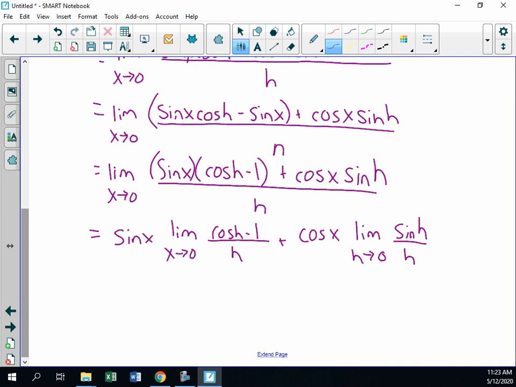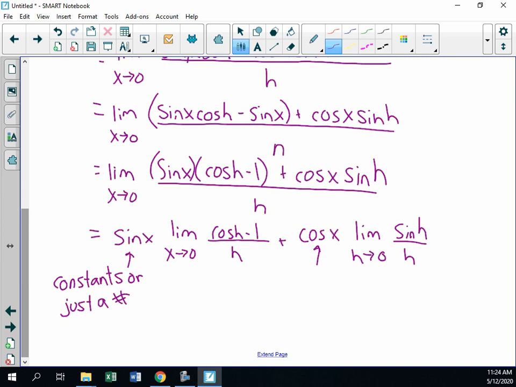Because remember, sine x and cos x are constants. These are just numbers. They don't have an h value. So those are numbers, so we can pull them out. They're constants. Or just a number. So our rules say that we can pull them out.